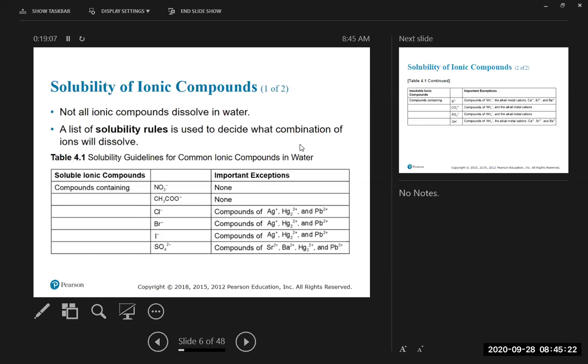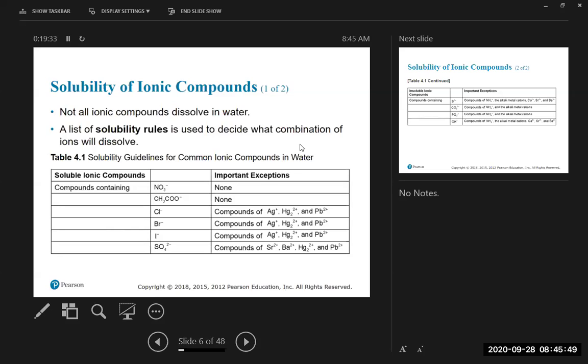And so we have some solubility rules which help us understand which combinations of ions will dissolve and which will not. This is another one of these tables that you're going to have to spend a bit of time memorizing to understand the solubility of these compounds.